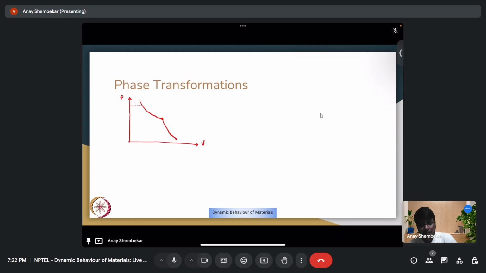So suppose this is P2, P1, P0, V0, V1, and V2. So the average slope would look something like this.